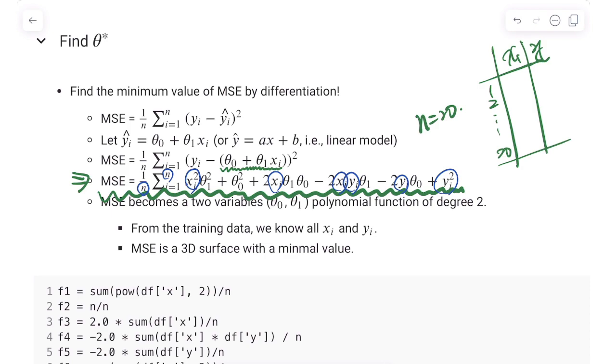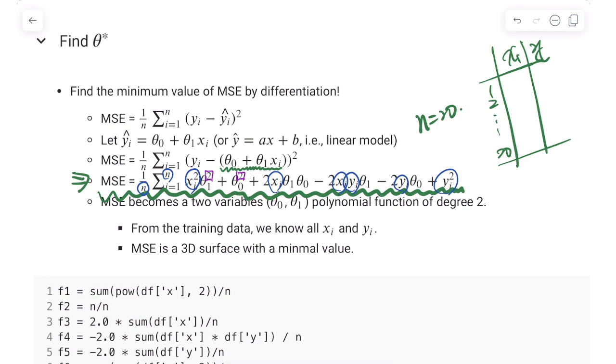So basically, the MSE has only two parameters, theta 0 and theta 1. And as we can see, there's a square value right here.